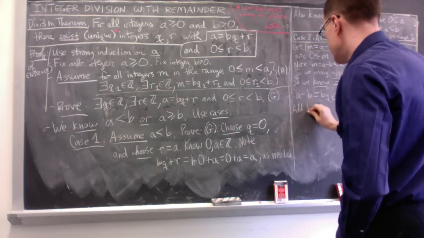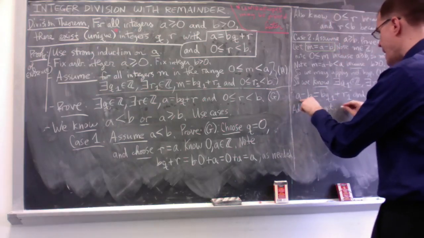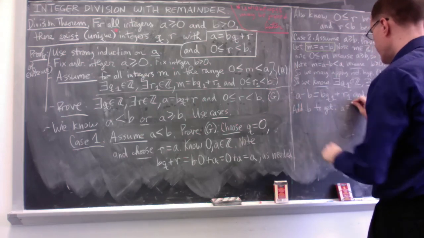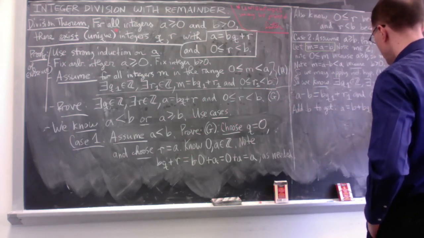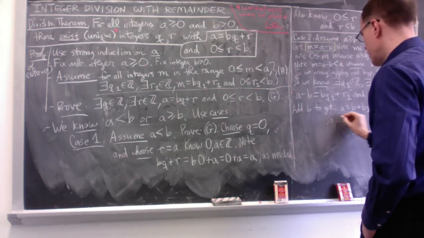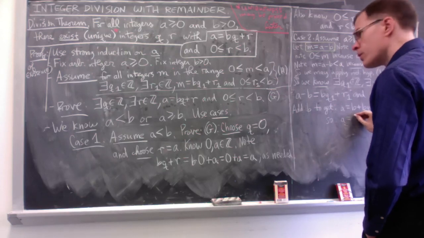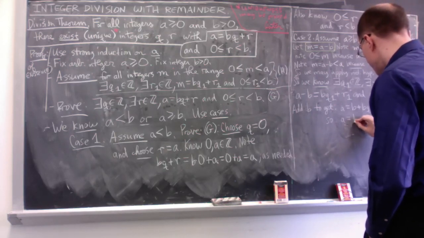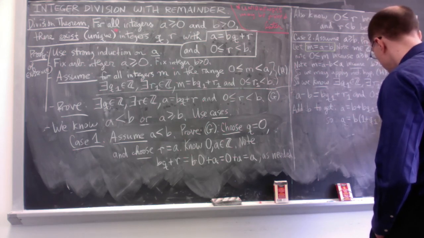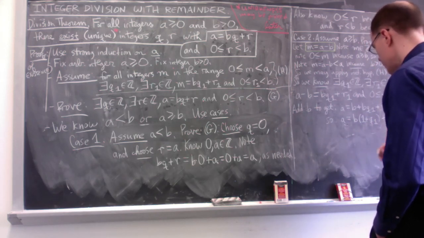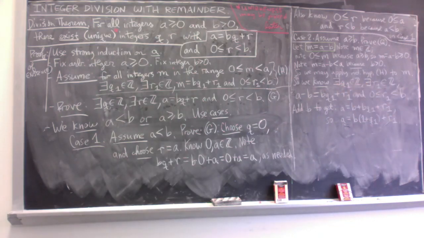Add b to both sides, and we get that a itself is b plus bq1 plus r1, and I can absorb the b, I can factor. So that's b times (1 plus q1) plus r1. That's something I know now from the induction hypothesis.